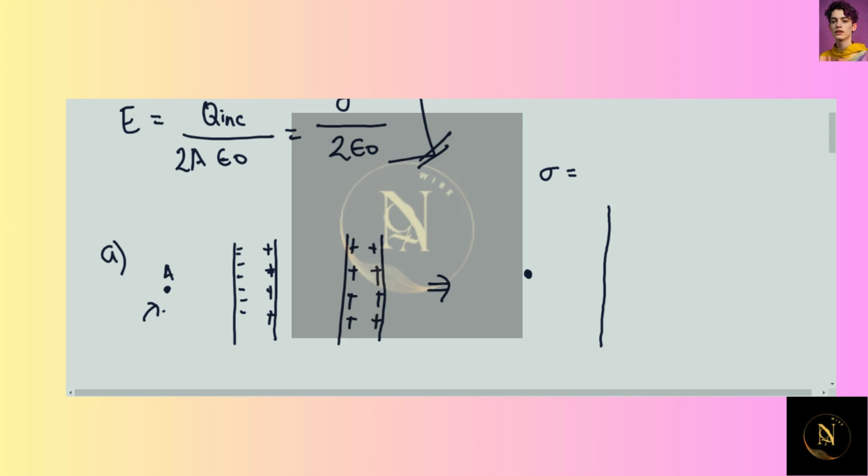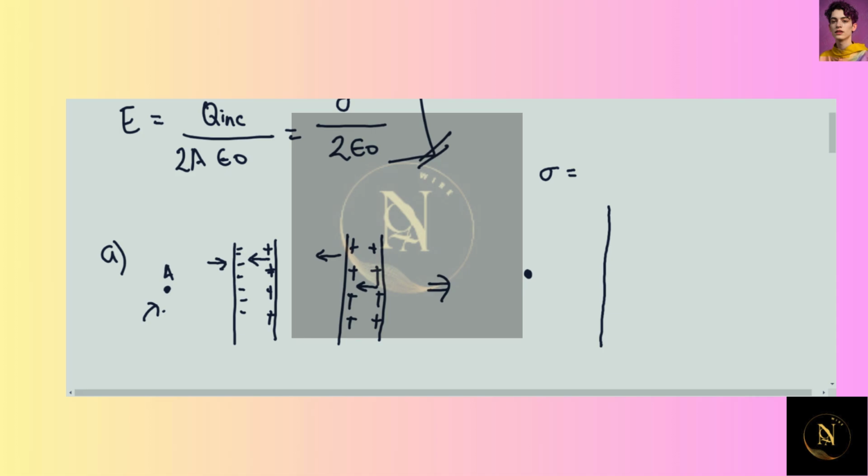When the surface is negative charge, the electric field is inward, meanwhile for a positive surface the electric field is outward. This also happens for this one and this one too.